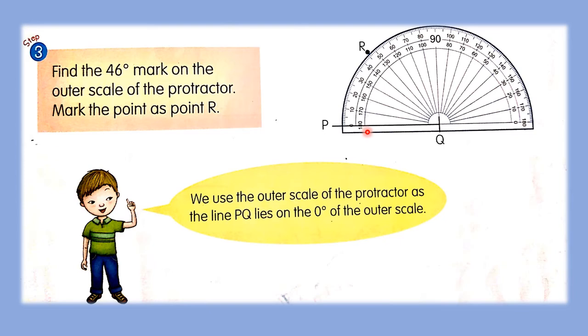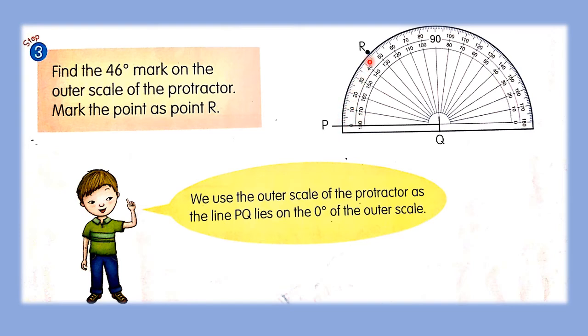Can't. Why is that? Because when we keep the protractor this way, the inner scale starts with 180. So we can't consider the inner scale here, right? So we have to consider the outer scale to measure this 46 degrees, since we are measuring degrees from 0. That means we are starting to measure the degrees or angles from 0. So we have to consider the outer scale, right?